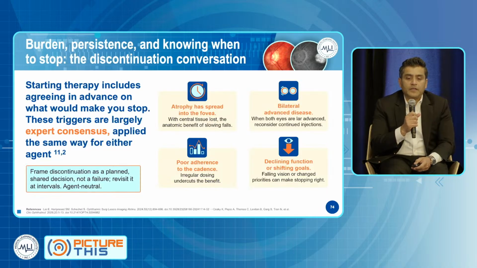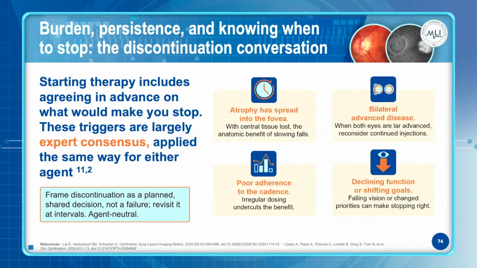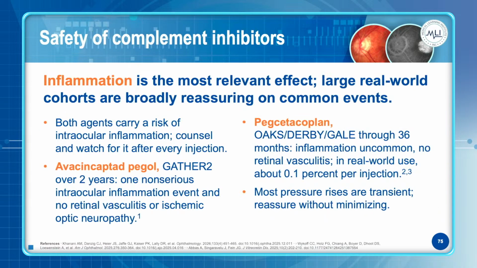The key is persistence. A lot of times patients want to discontinue after a year or two. They get fatigue. That's where you have to take time and talk about what the treatment has done, what the historical imaging showed, and how we are helping them.